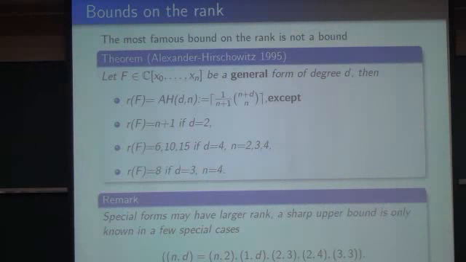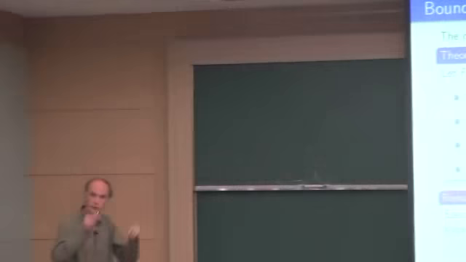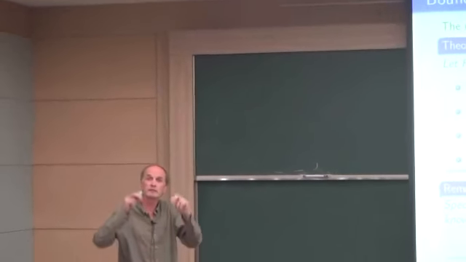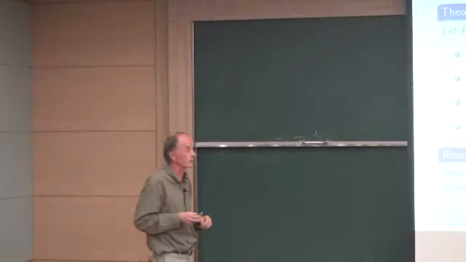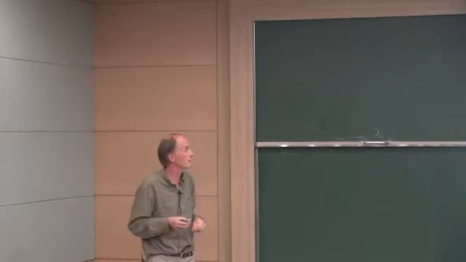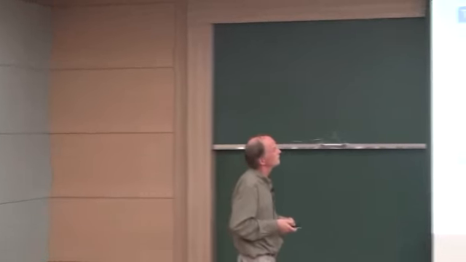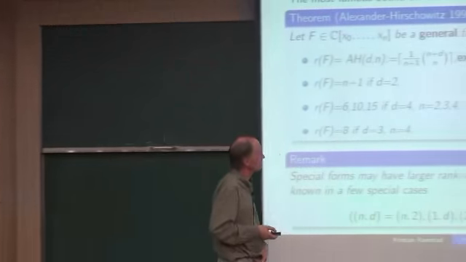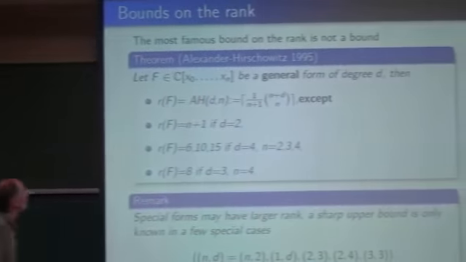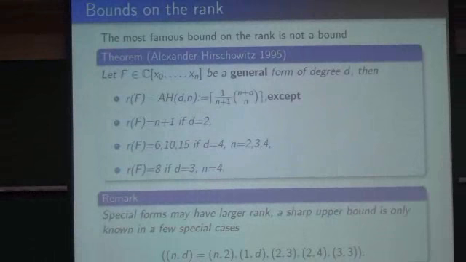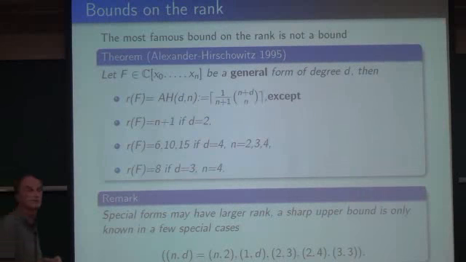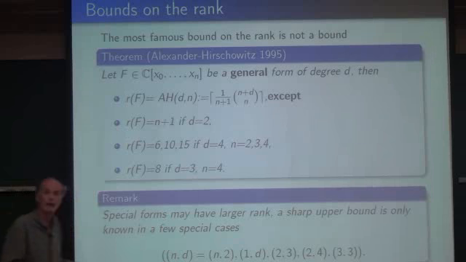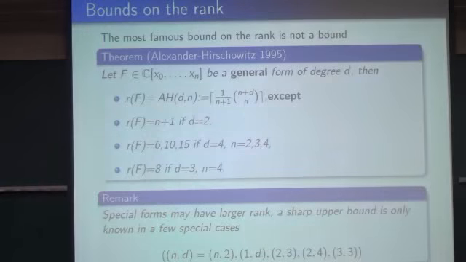Now, this example was a very special form. For a general form, the two degrees are as even as you could get under the condition that the sum is the degree of f plus 2. So in general, there is a statement about the rank for forms in any number of variables and any degree.